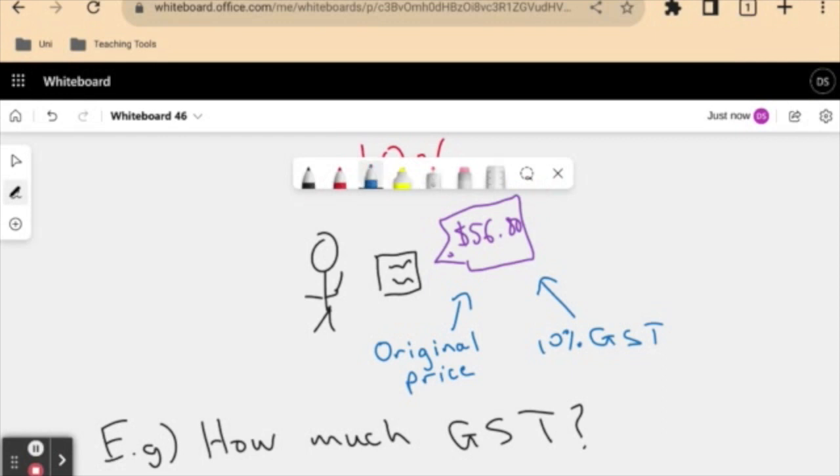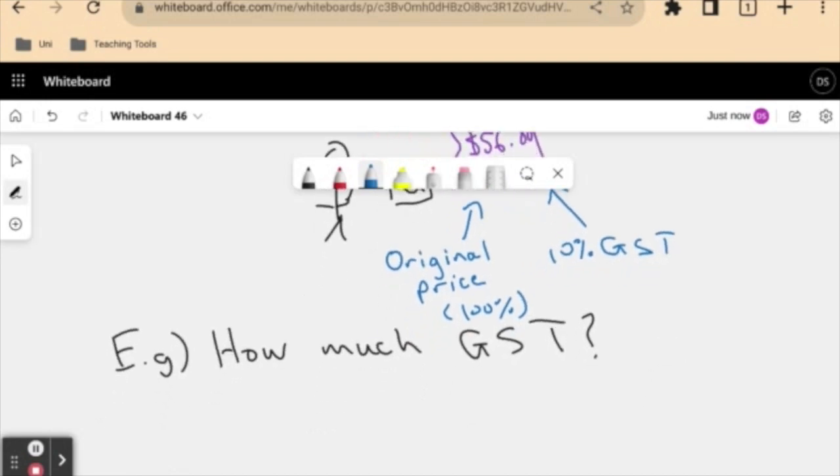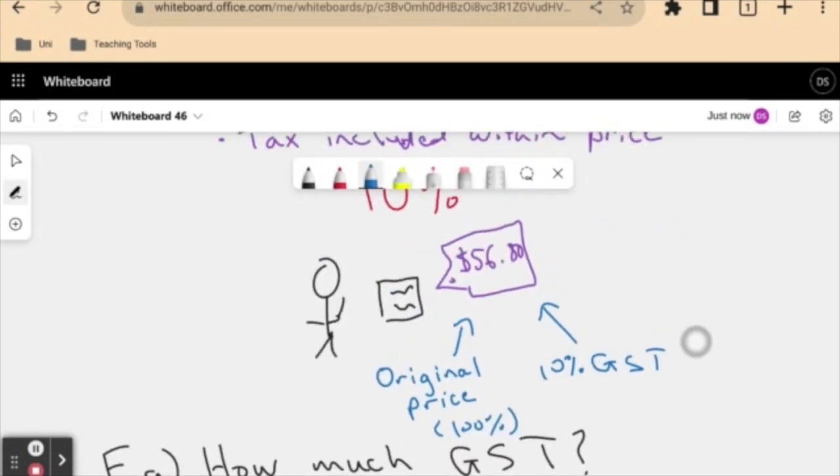I'll actually write it here. Now, a 10% GST is also applied to that. So the total percentage included in this price.